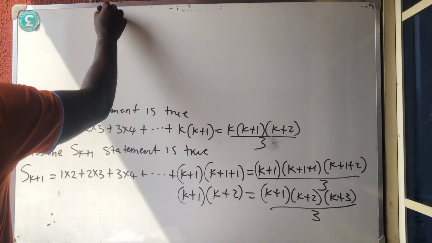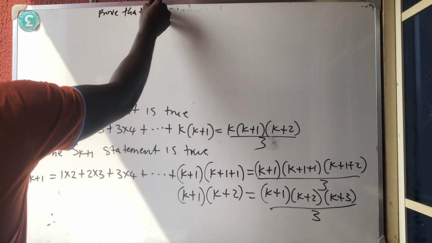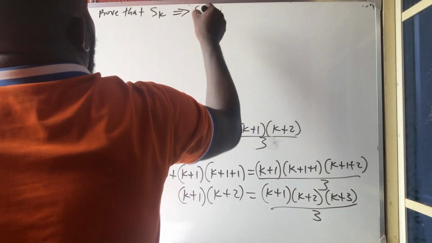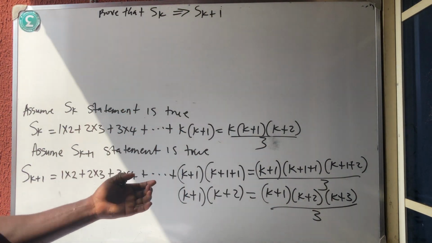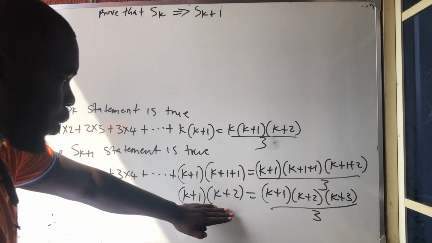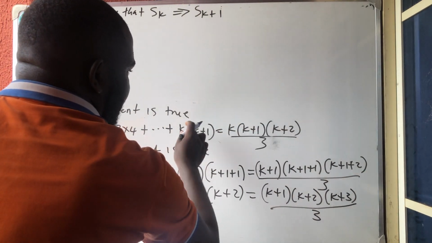Now, the last thing to do is to prove that SK implies SK plus 1. So what do we do? Carry the left hand side of SK plus 1, sorry, and add to both sides of SK.